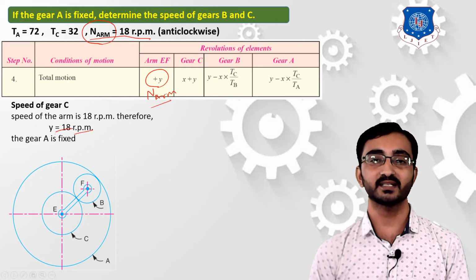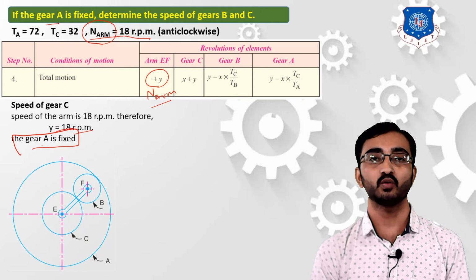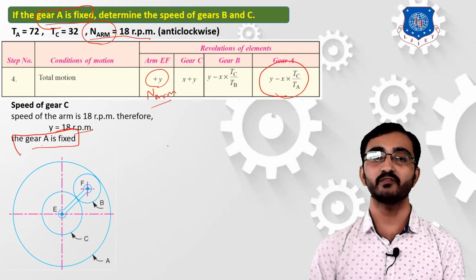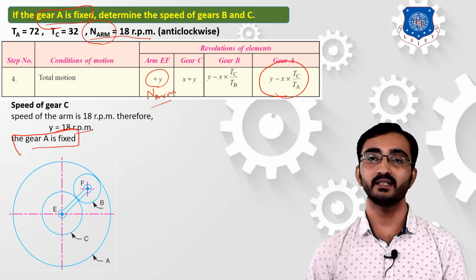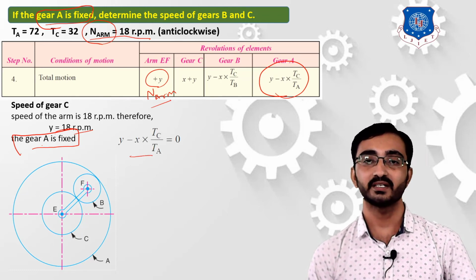Now after getting this condition, the second condition they have given is that gear A is fixed. Now gear A has an equation, that is y minus x Tc by Ta. Comparing this equation, we can simply mention that y minus x Tc by Ta is equal to 0.